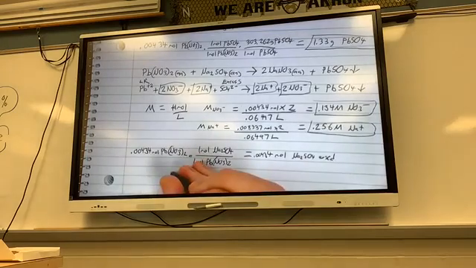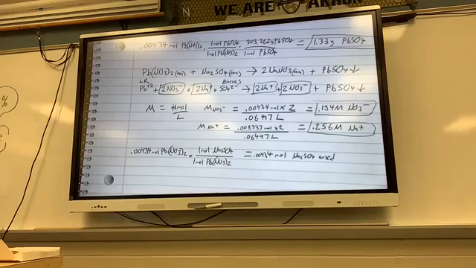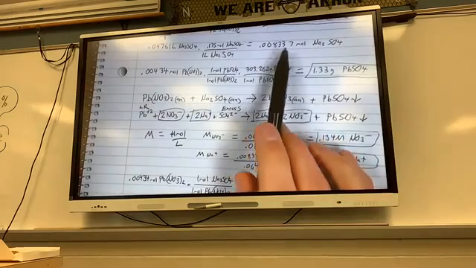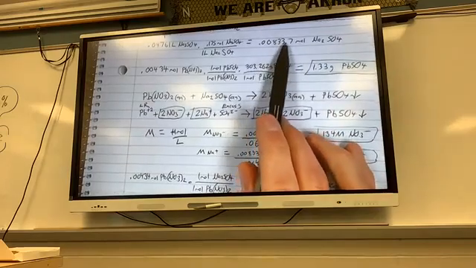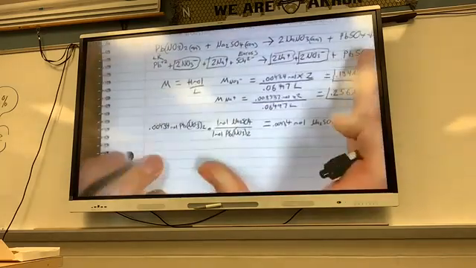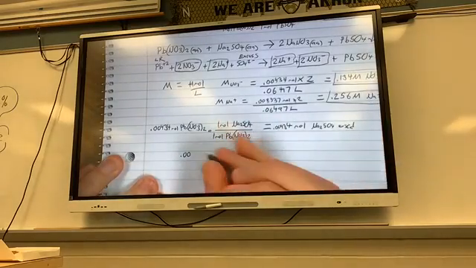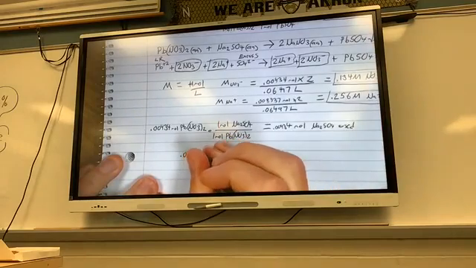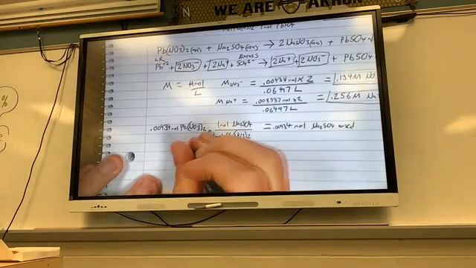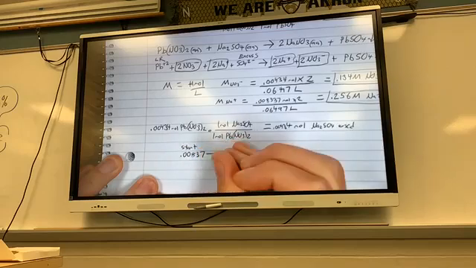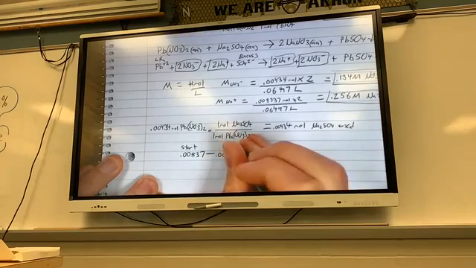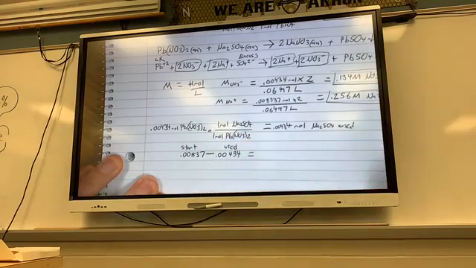How many did I start with? It's right here. That's how much I started with, yes. So I'm going to subtract: 0.00837, this is my start, minus what I just calculated, the 0.00434 used, and that's going to give me my actual excess.